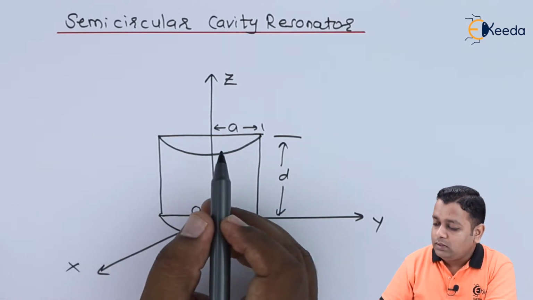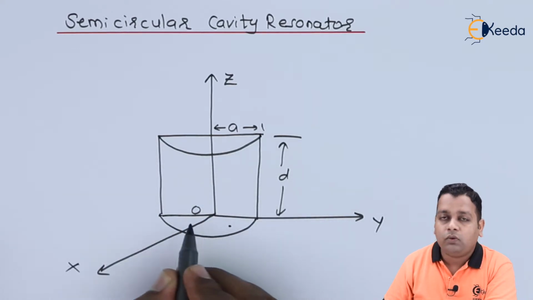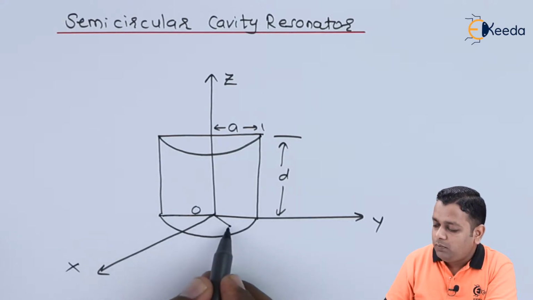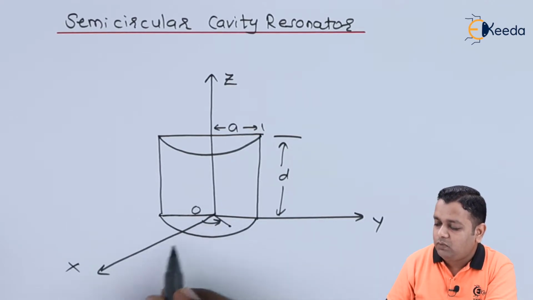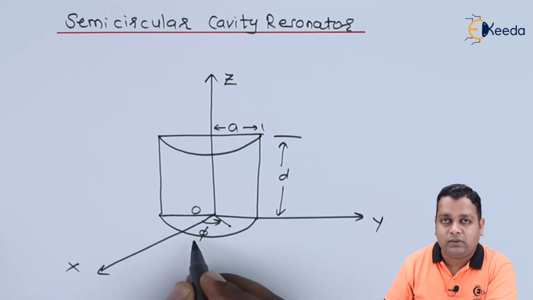In this diagram, if you take any point inside the volume space, when we drop a perpendicular onto the z axis, the angle made by that perpendicular segment with the positive x direction is nothing but angle phi here.